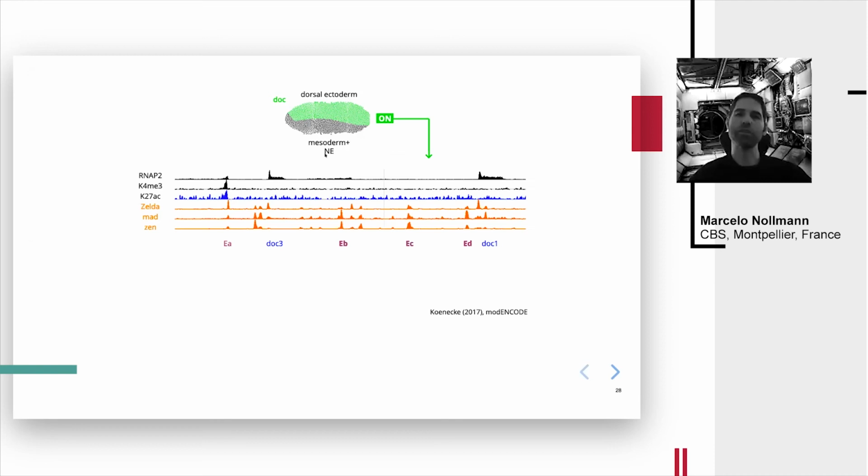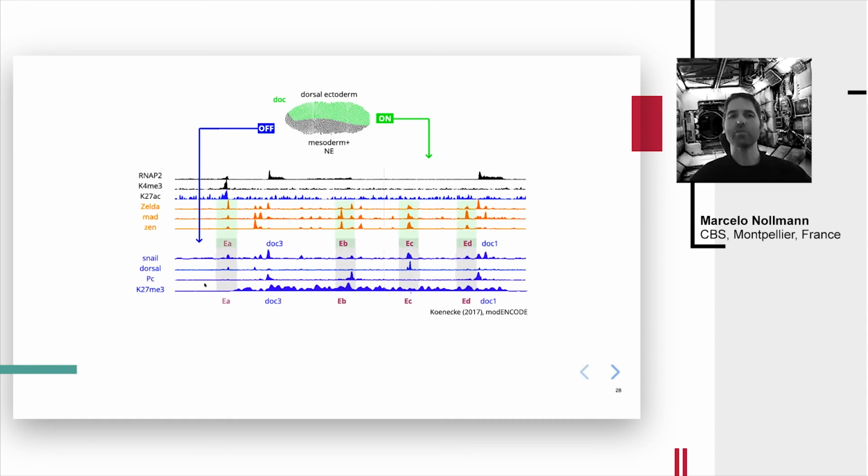So when we look at the first, we see notably, these are the three enhancers I've been talking to you about, underlined here in red, in green. And if we focus on these two elements, MAT and SEN, these are transcriptional activators. So this makes sense. These enhancers are bound by transcriptional activators in the dorsal ectoderm. So when we have enhancer promoter contacts there, they will tend to activate the transcription of the DOC genes.